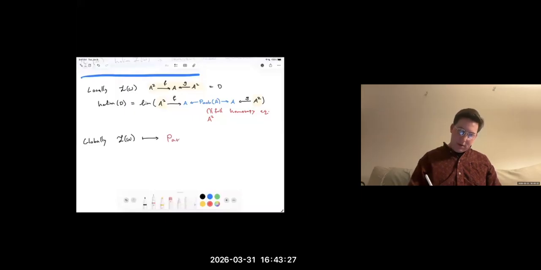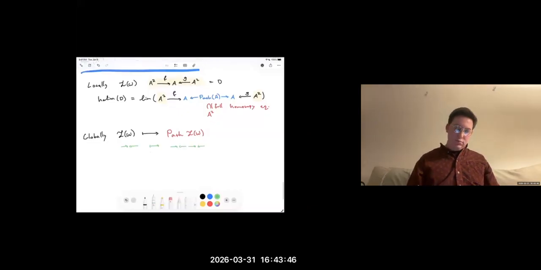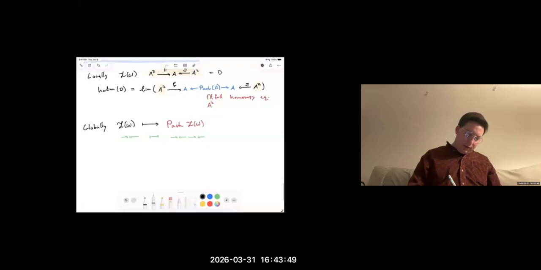I'm going to call that path of L of W. When I write path of L of W, all I really mean is that I've taken every pullback and replaced it with this picture here, where the path category is in the middle. And then the main result that allowed me to actually get a handle on calculating things is, first of all, that the homotopy limit of L of W is unchanged by this.